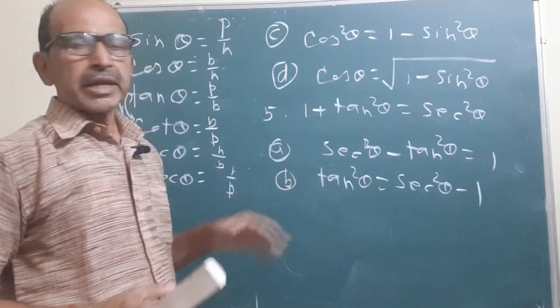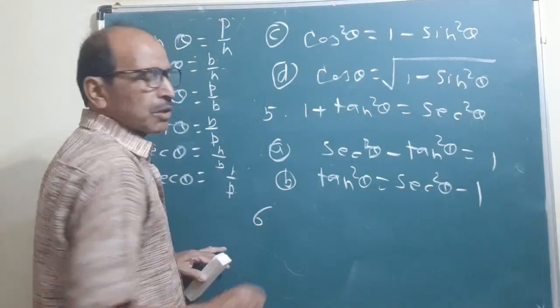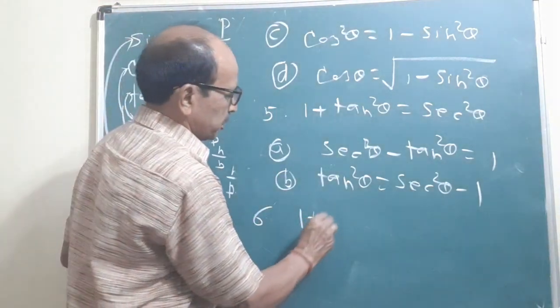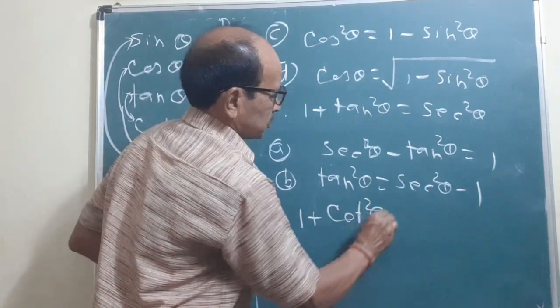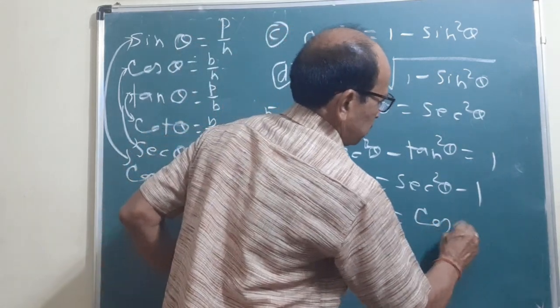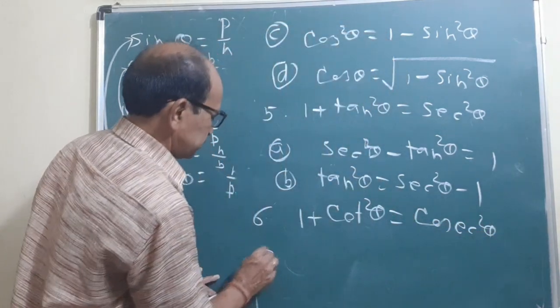Okay, in this way you can remember. One more addition formula: 1 plus cot square theta is equal to cosec square theta.